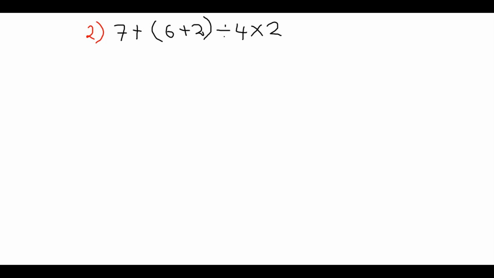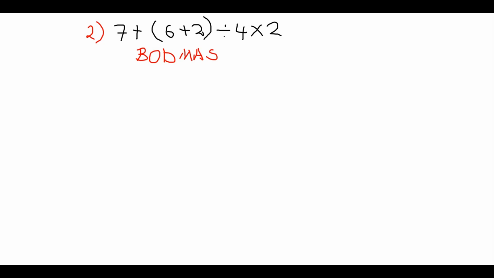So same here, we have got brackets, we have got division, we have got multiplication and addition. We don't have subtraction. So we're going to use the same word, BODMAS. BODMAS stands for brackets, of, division, multiplication, addition, and subtraction.